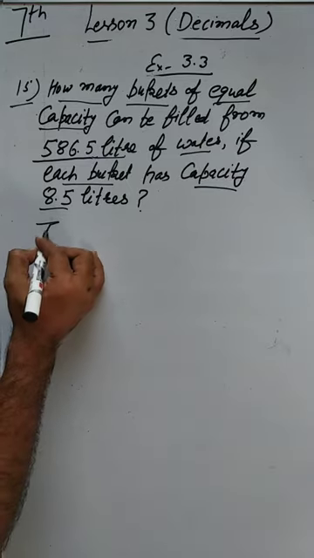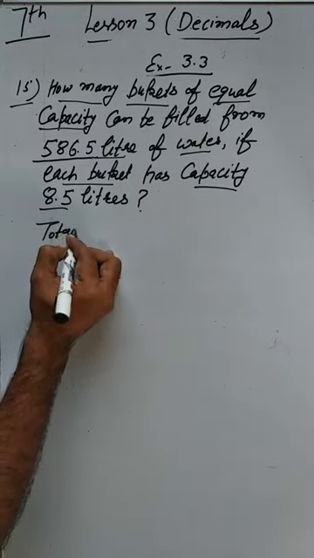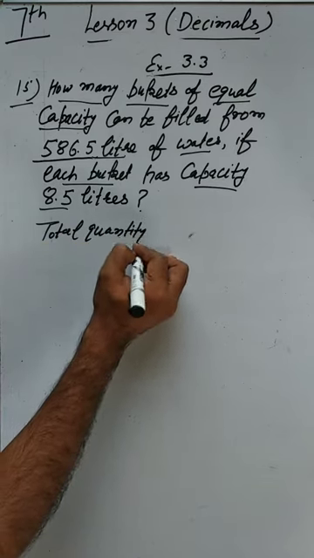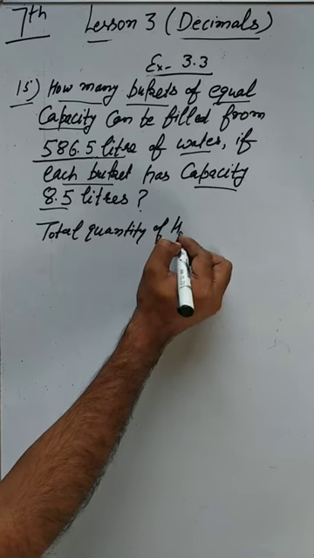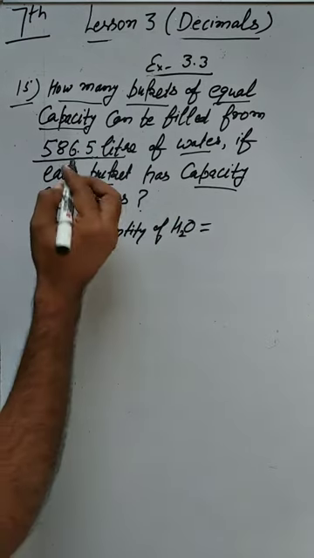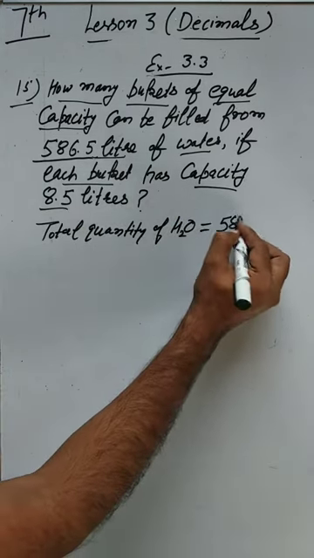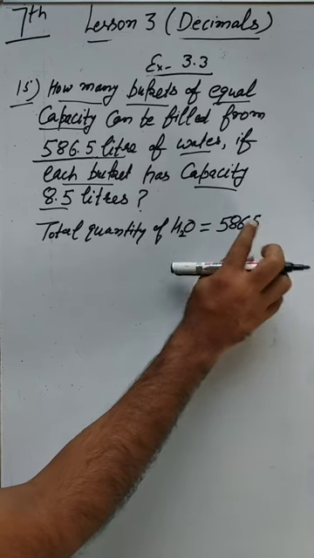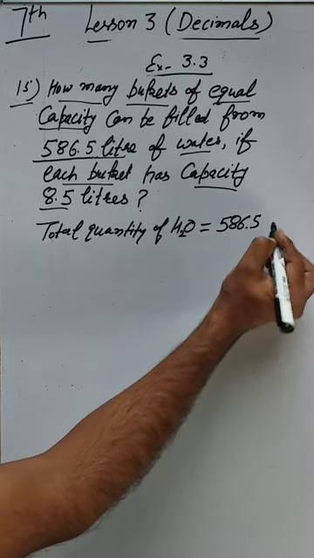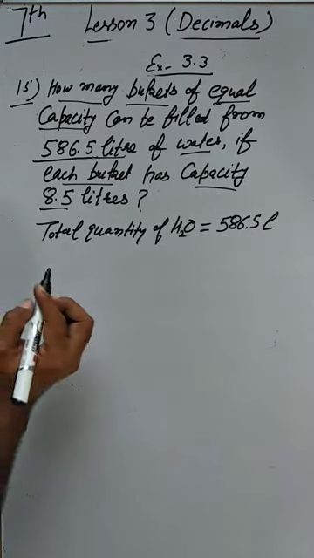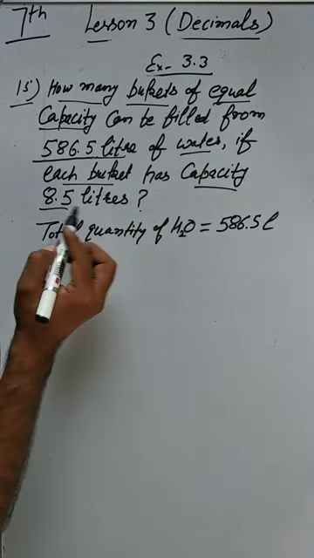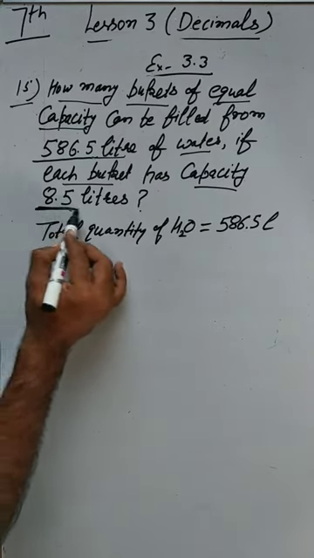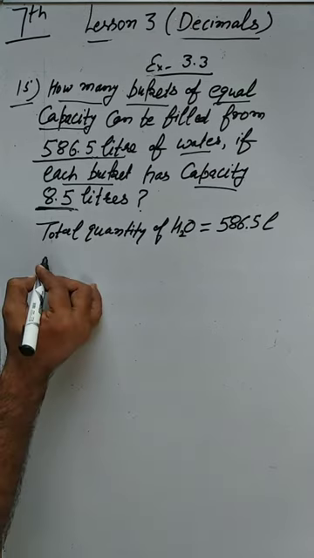We have been given the total quantity of water, which is 586.5 liters. We want to find how many buckets can be filled, each of capacity 8.5 liters.